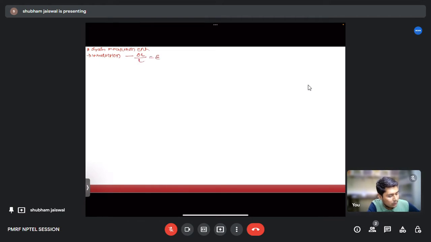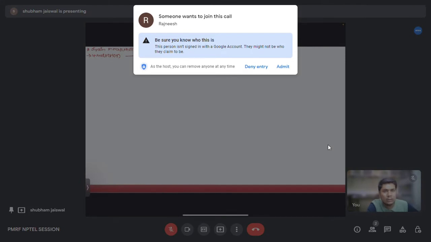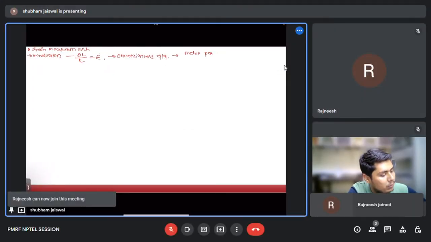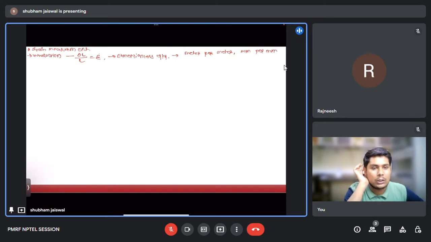We also came to know that strain is a dimensionless quantity, or sometimes it is represented in terms of meter per meter. Okay.